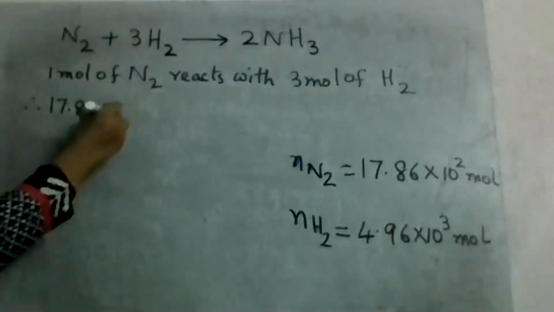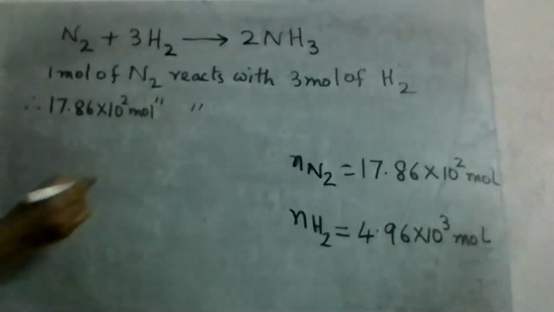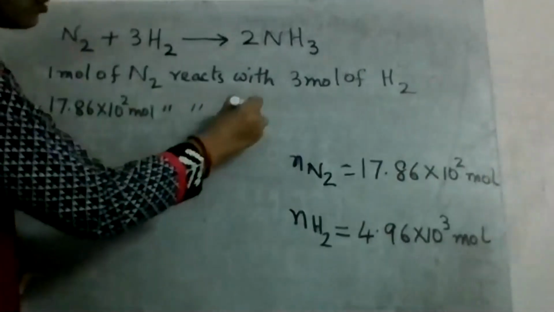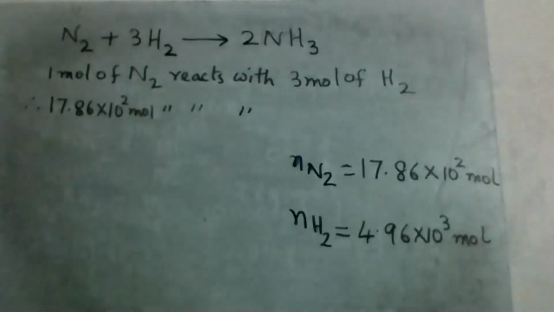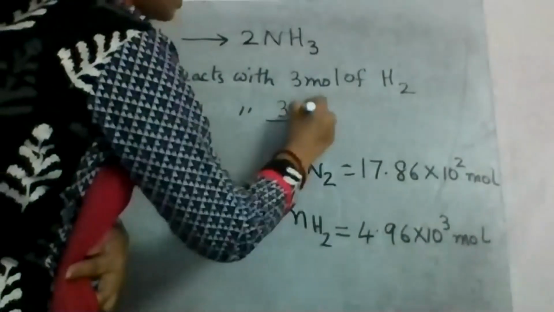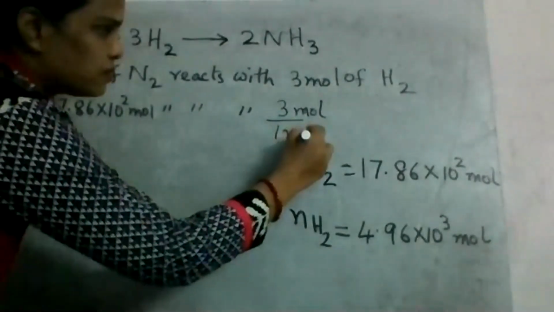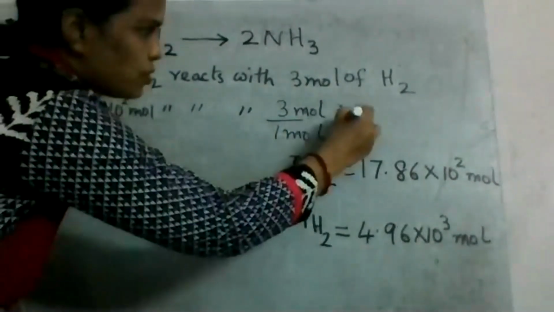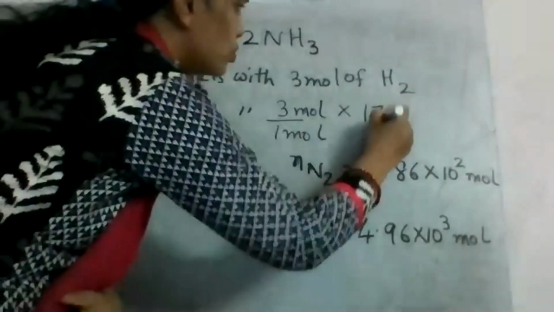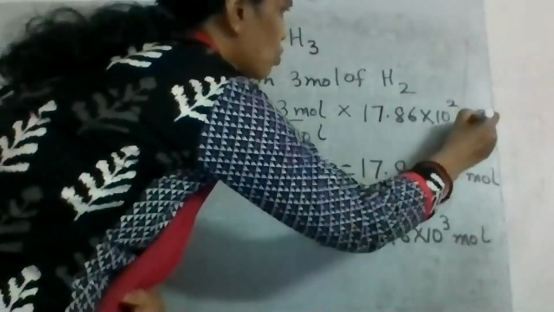Therefore, with nitrogen we are equating: 17.86 into 10 raised to 2 moles of nitrogen will react with how many moles of hydrogen? So here we will write 3 divided by 1 mole into 17.86 into 10 raised to 2 moles.